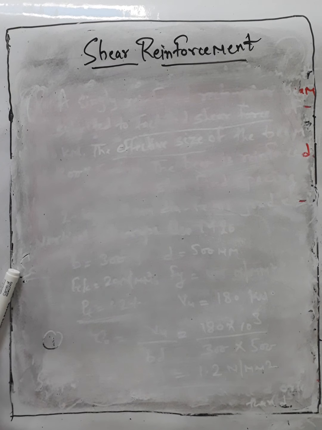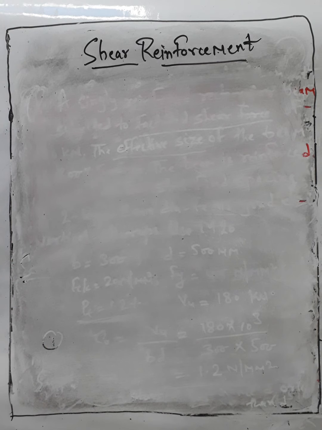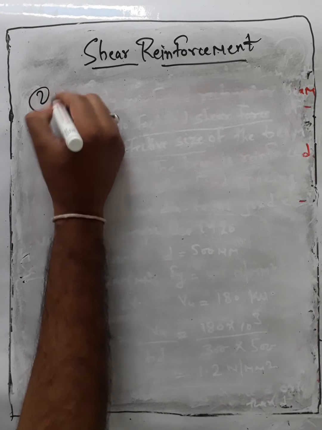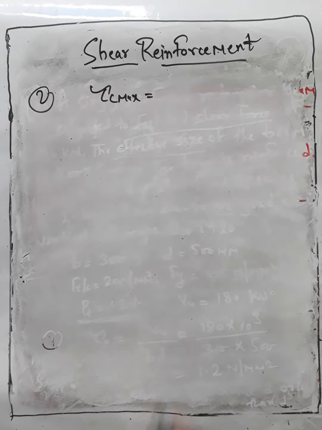In this table tau c max values are given, and the value depends on the M ratio, means the grade of concrete.